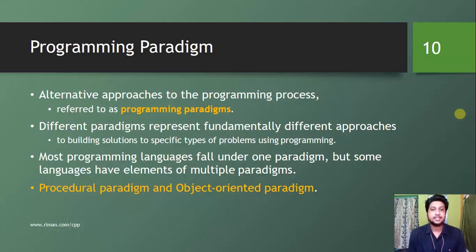C++ supports both the procedural-oriented paradigm and the object-oriented paradigm. The C programming language only supports the procedural-oriented paradigm. Java, on the other hand, supports the object-oriented paradigm. It doesn't support the procedural-oriented paradigm.